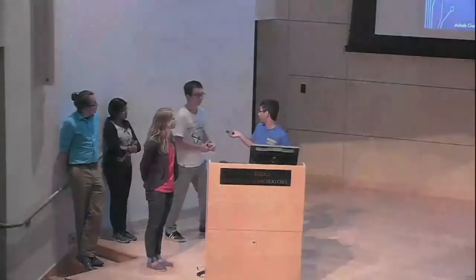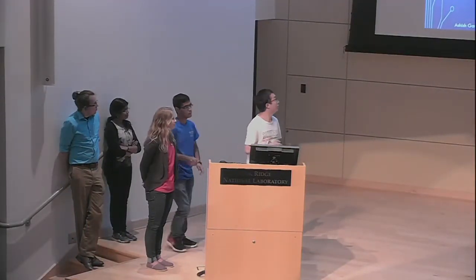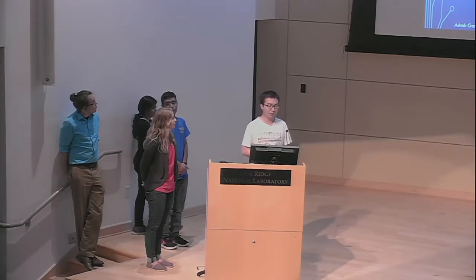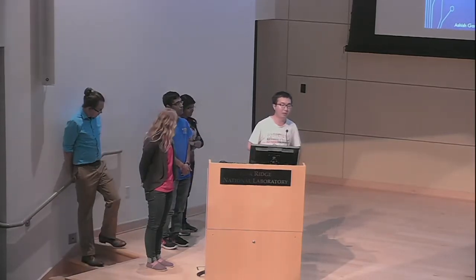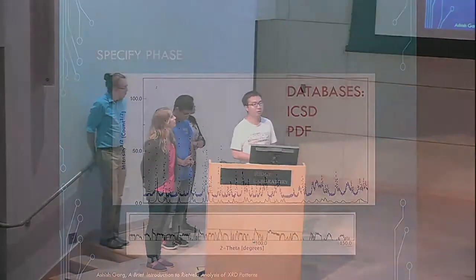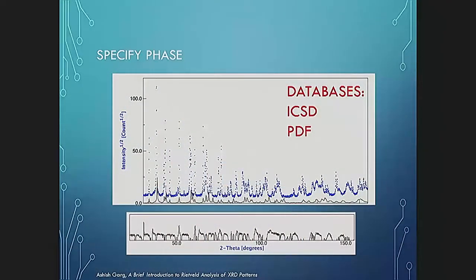And next, now we begin the actual fitting process. To do the Rietveld fitting, we first need the initial structure. There are some databases for the diffraction pattern, like the Inorganic Crystal Structure Database and the Powder Diffraction File database.